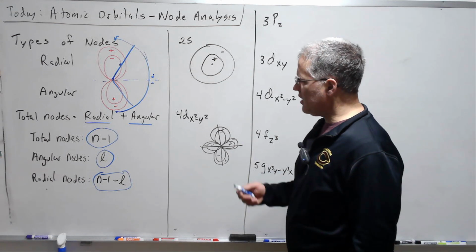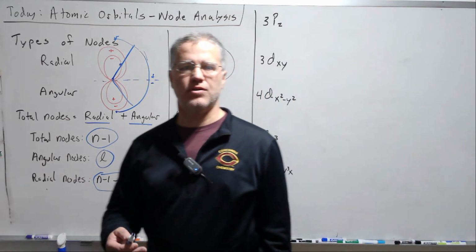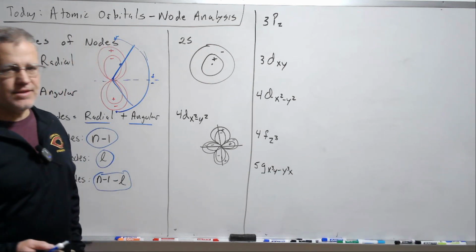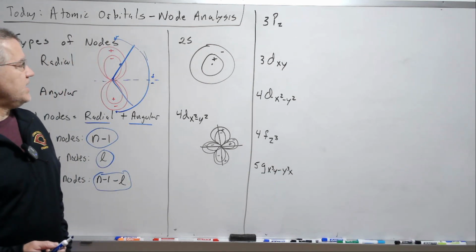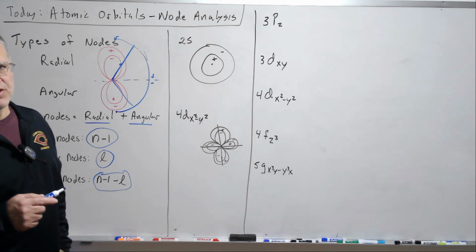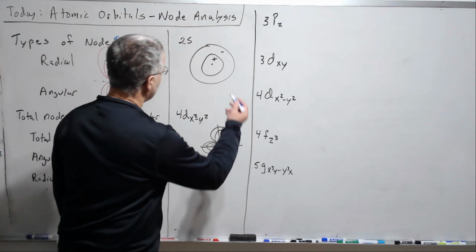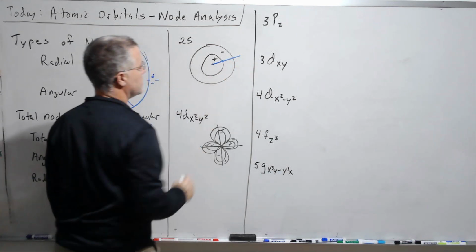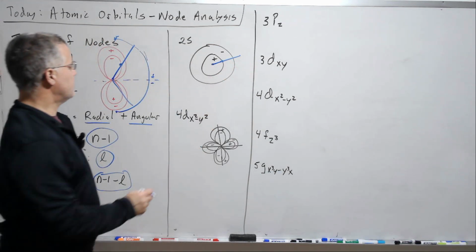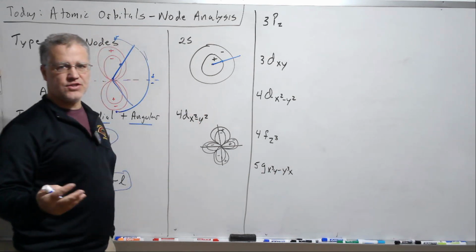Okay, well, let's walk through some of the atomic orbitals we already know, and then let's talk about where the nodes are placed, and then we'll just do a little bit of practice. So let's try a 2s right here, 1 radial node. What we're doing here is called node analysis.